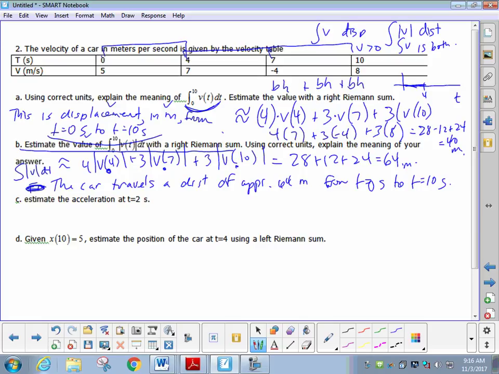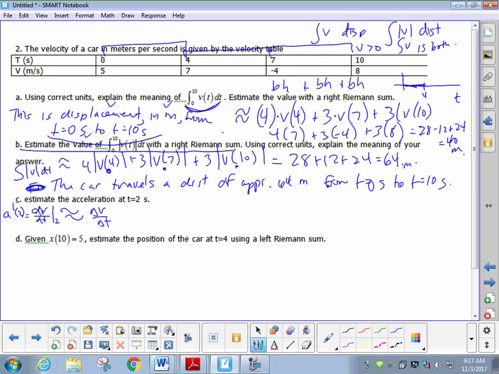Estimate the acceleration at time 2. The big idea of approximating an instantaneous rate of change, I guess I'll write it this way: A prime at 2 is dv dt at 2, and we approximate instantaneous change in velocity with time with an average rate of change.